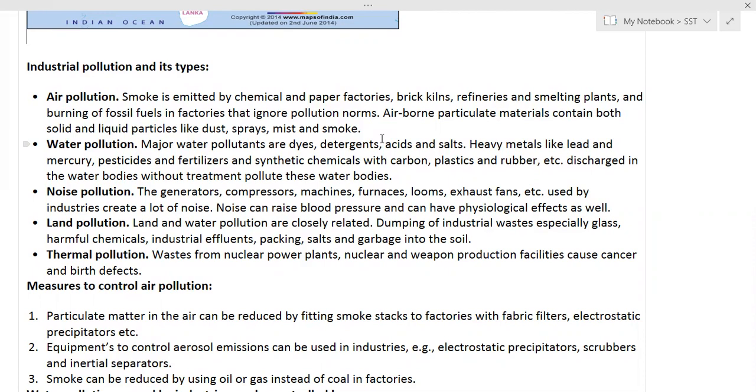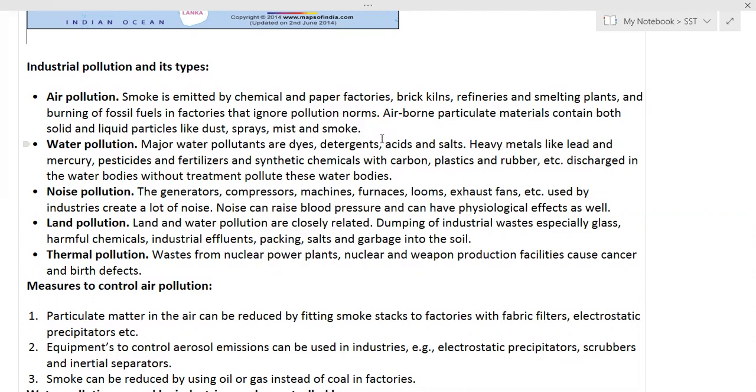It's a very simple thing, and you must be knowing this. Generators, compressors, machines, furnaces, looms, exhaust fans, etc. used by industries create a lot of noise pollution. Textile industries are a major source of noise pollution; noise can raise blood pressure and can have a physiological effect as well.